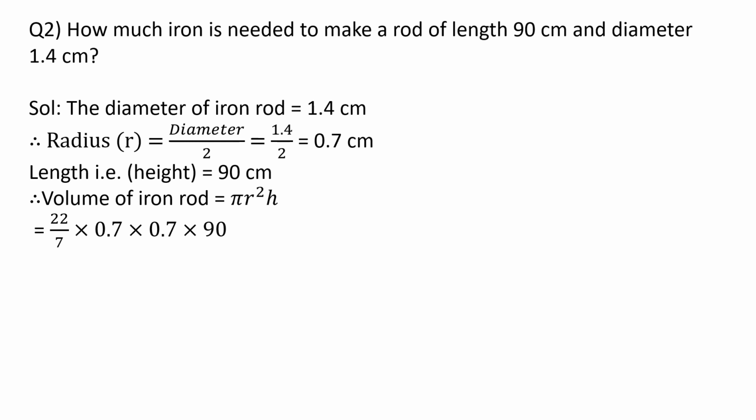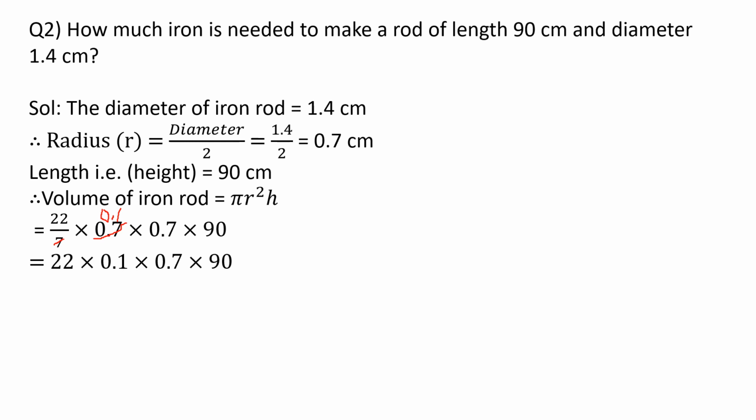The denominator we will remove, so we can cancel 7 and this will become 0.1. Okay. So next step, student, you'll write down equal to 22 into 0.1 into 0.7 into 90.